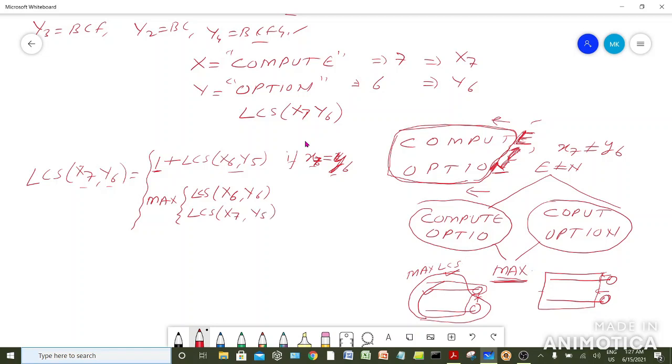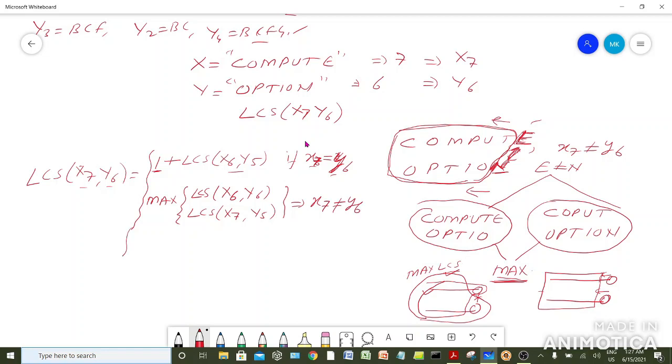So this is going to be the maximum, and this is the case when x of 7 was not equal to y of 6. Fine.